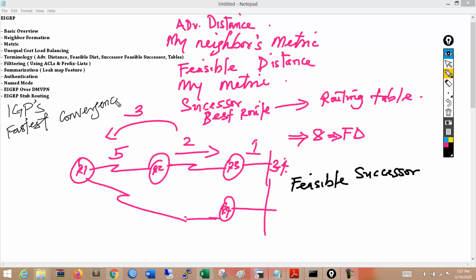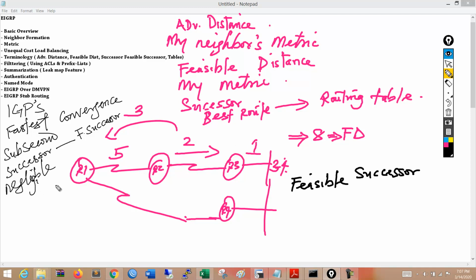Convergence. So EIGRP converges very fast. Cisco says it is sub-second. The time it takes for EIGRP to move from the successor route to a feasible successor is negligible. You can't measure it.